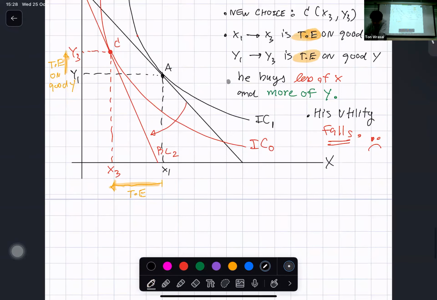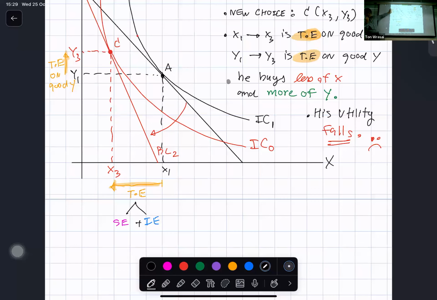Next. We know that this adjustment from X1 to X3, which we call total impact, the total effect, when pizza becomes more expensive, is a mixture of substitution effect and income effect.